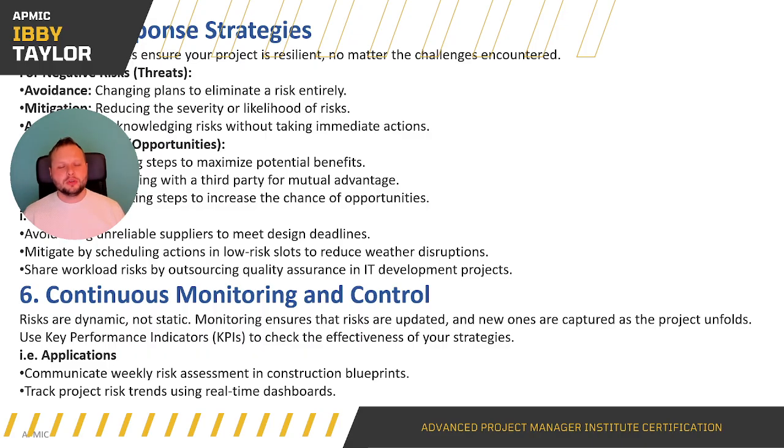Reducing the severity or likelihood of risks. So this is if you can't avoid it, how can you mitigate it? How can you put things in place so that you feel the impact less?